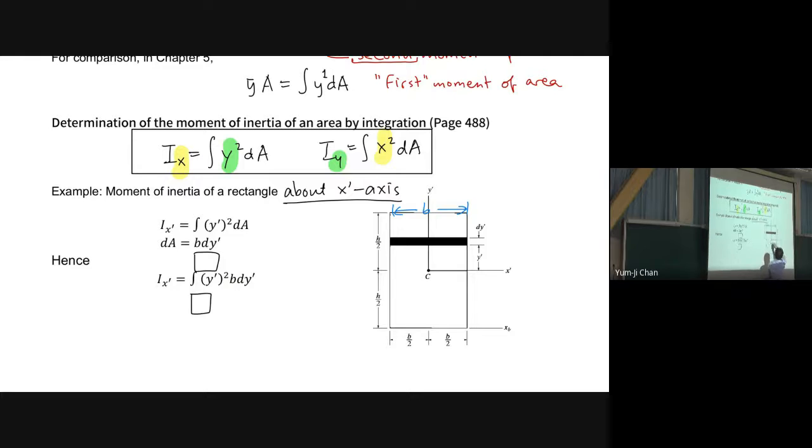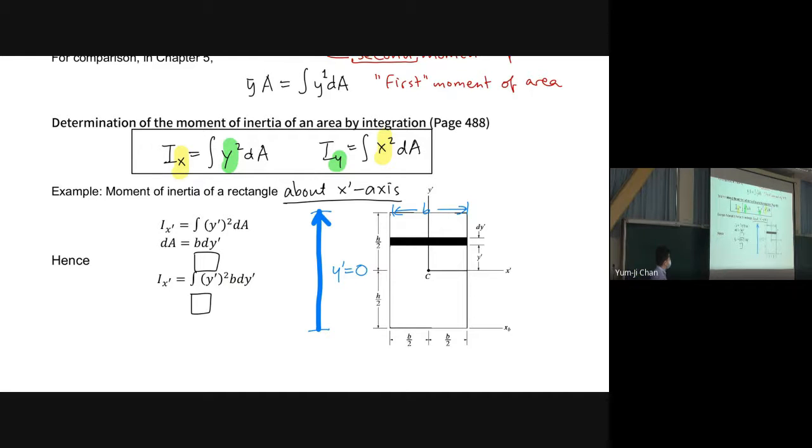The origin is here, so y prime equal to 0 is here. Where should we begin our integration and where should we end? We begin here and end here, right?